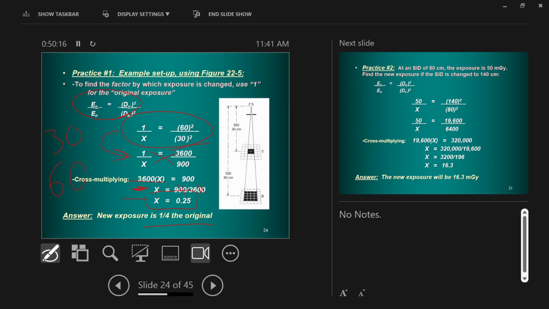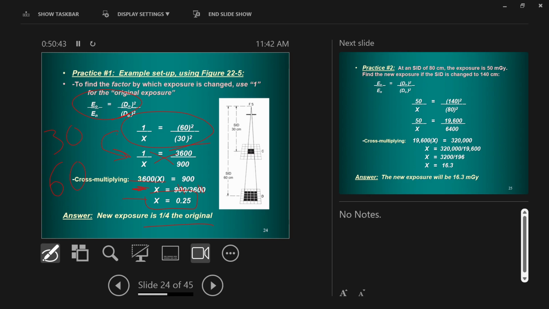So then we'll plug these in. When you're running this into the equation, you don't carry the actual unit of milligray into the equation. You can just leave it. So you write 50 over x equals distance new, 140 squared, over distance old, 80 squared. I don't keep 140 squared logged in my brain, so we're going to use a calculator.